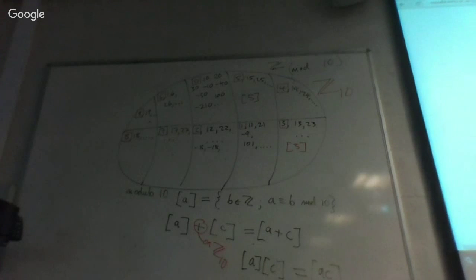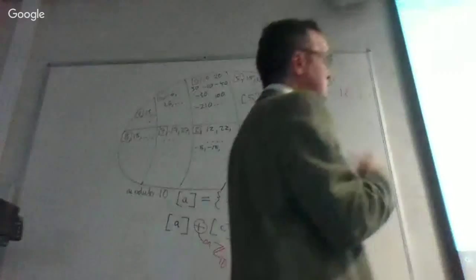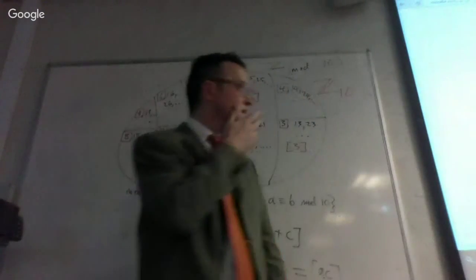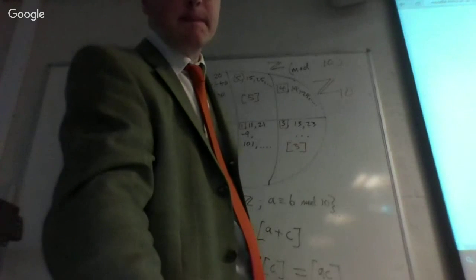You add the congruence class of A and the congruence class of 0, you again get the congruence class of A. And there are inverses. The inverse of the congruence class of A is the congruence class of minus A. Okay, because when you add those two together, you get the congruence class of 0. Okay. So we do get a group in the addition case.